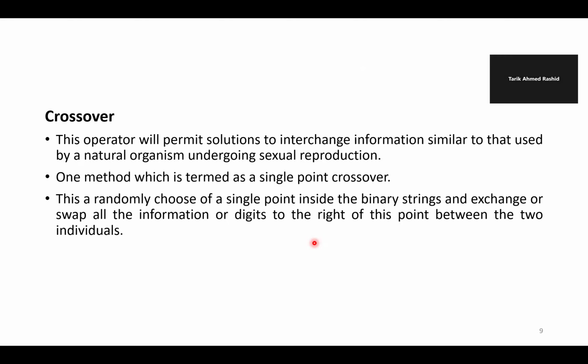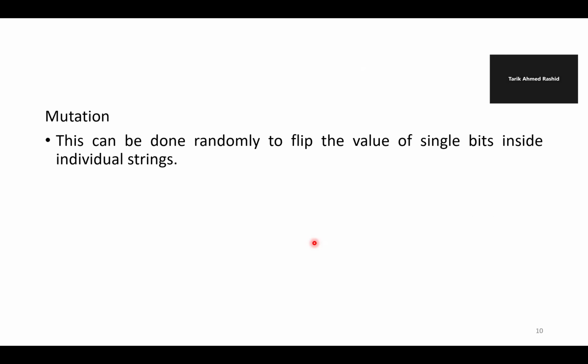A single point is randomly chosen inside the binary strings, and you swap all information or digits to the right of the point that you select between two individuals. So the crossover can be implemented between two solutions, between two individuals, between two chromosomes.